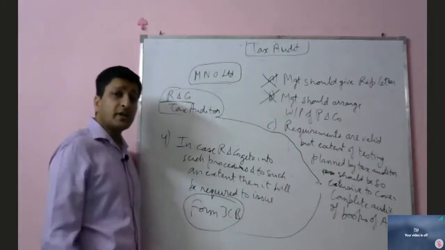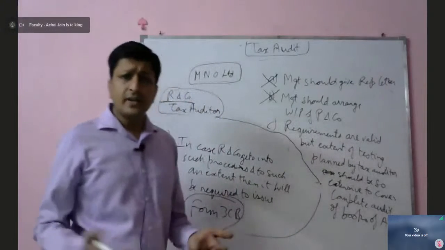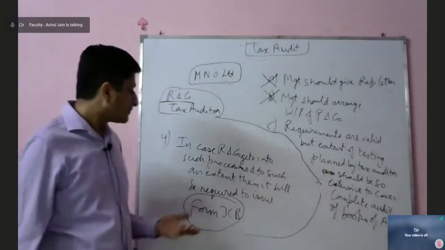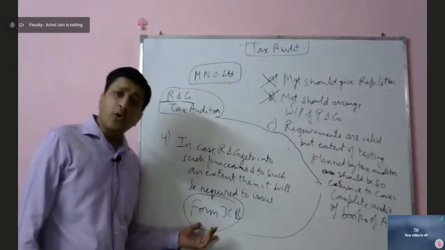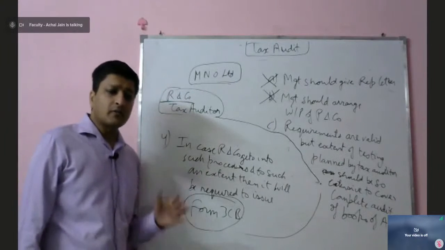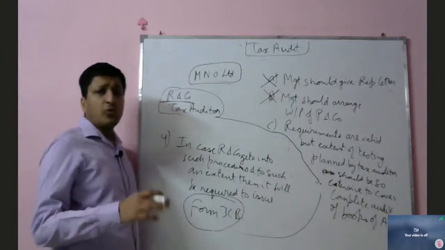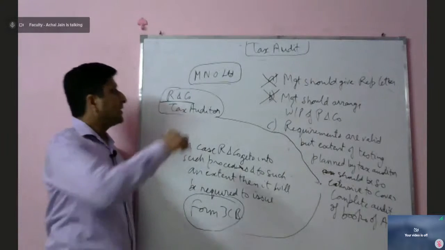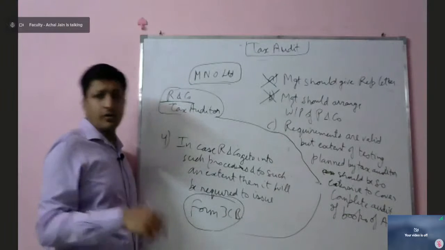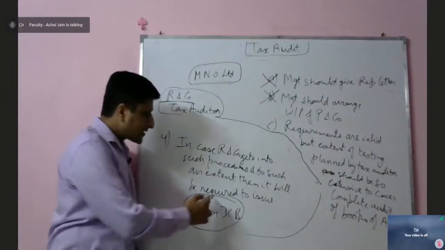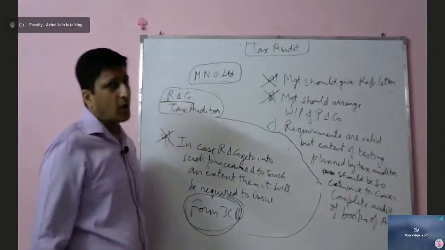But if you remember, in the morning when we discussed the applicability of form number 3CB, did we read any such provision? Did we have any such option through which form 3CB can be issued by the auditor? No, we didn't read any such option. And in this case, the provision is very clear. Provision says that R&D company should issue form number 3CA. Why? Because financial statements are already audited. So clearly this is not possible. If this is not possible, then this option is also out of the picture.